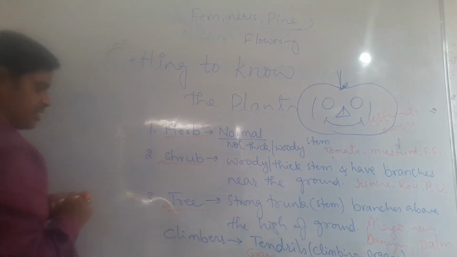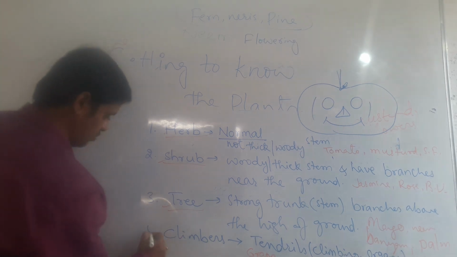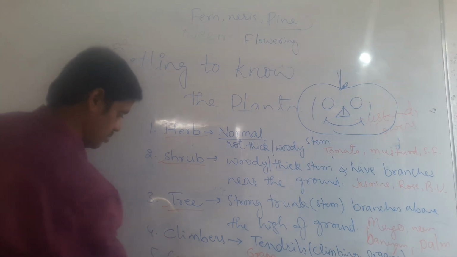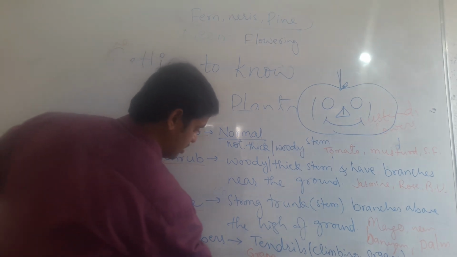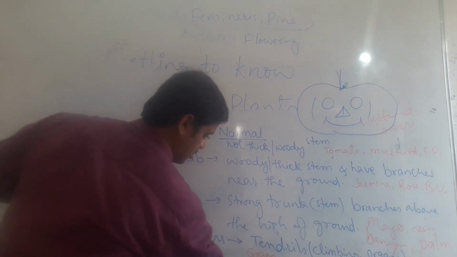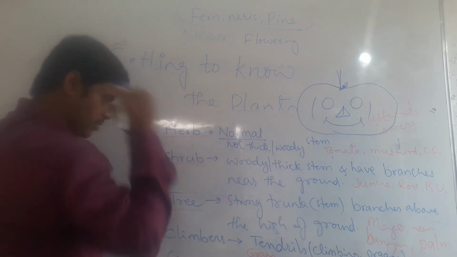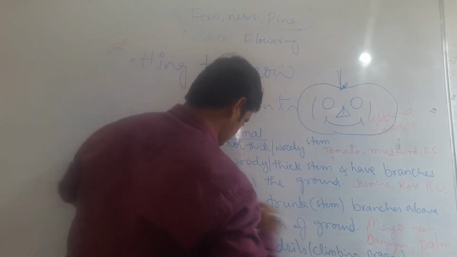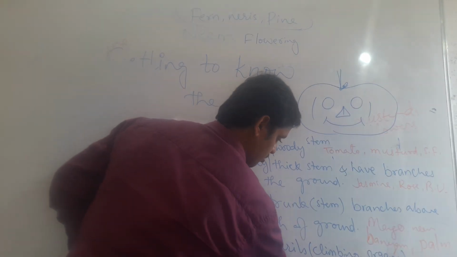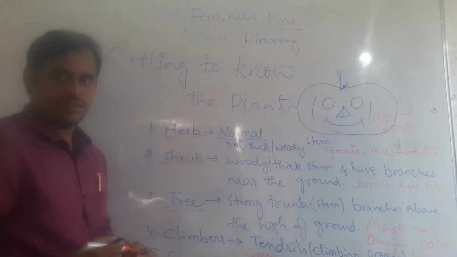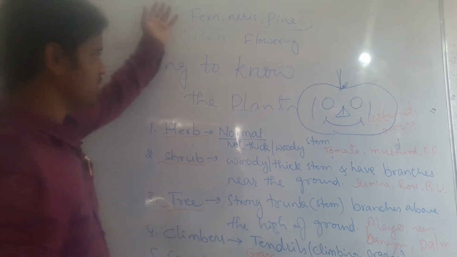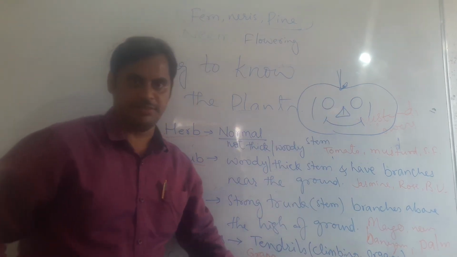Right? Next, come to creeper. The last one is creeper. They don't have tendrils. Right? And an example is money plant. Right? So this is about our lesson.